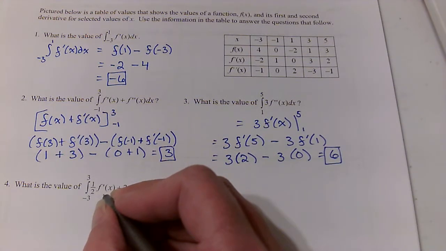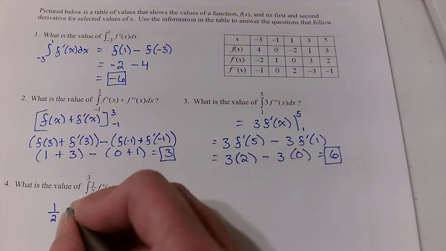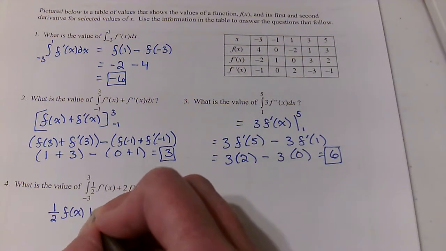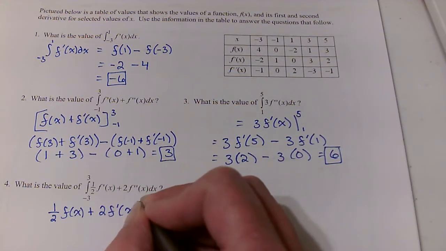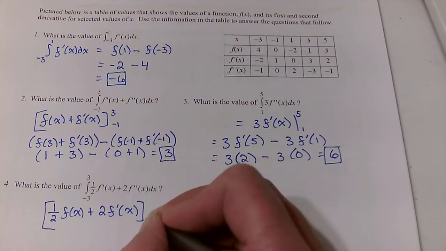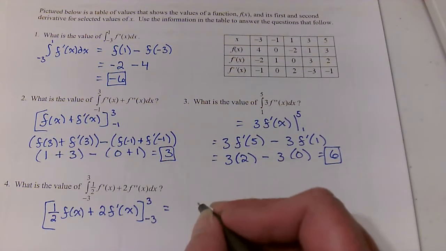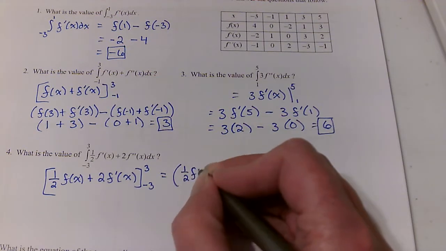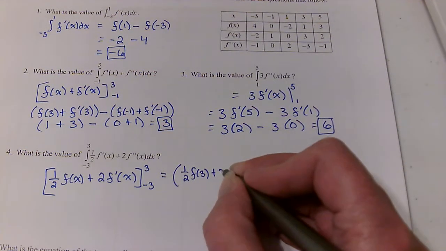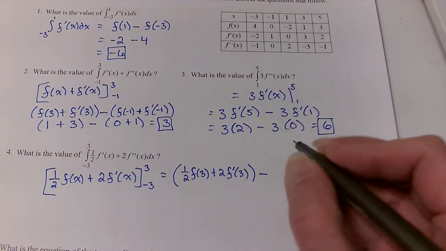The antiderivative of half of f prime is going to be half of f of x plus antiderivative of 2 times f double prime is going to be 2 f prime. And we're evaluating from -3 to 3. So the first thing I need to do is plug in the 3. Then plug in the -3.